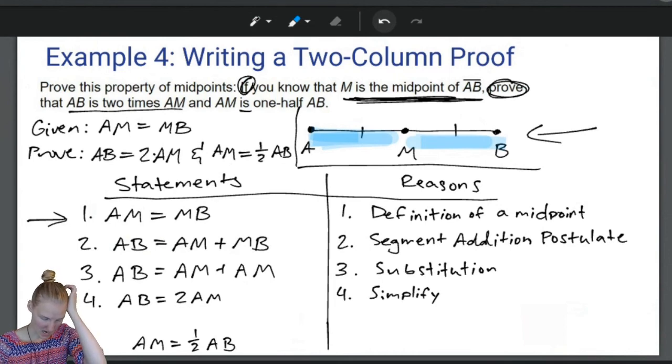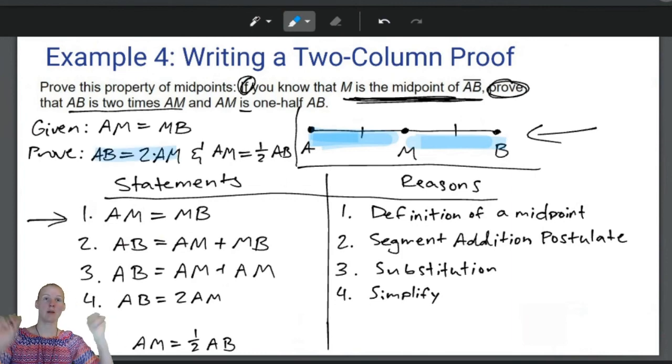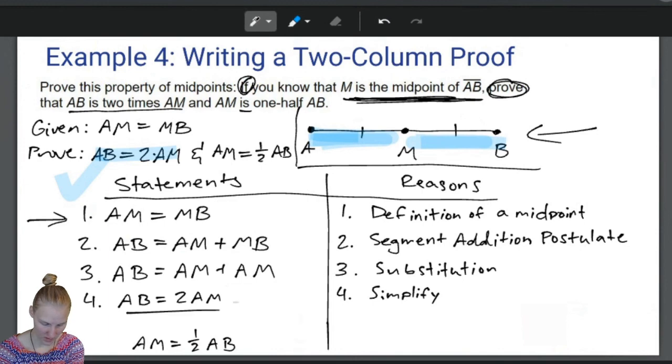Okay. Now, cool, I proved half of what I wanted to prove. I did the first part. But now, somehow, I need to get from here to here. AB equals 2AM.